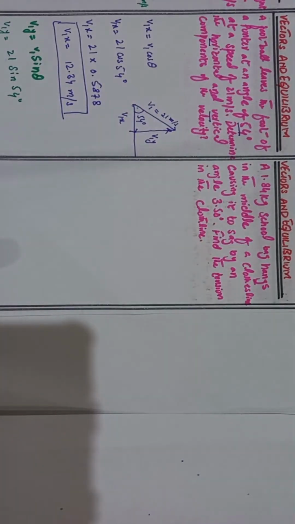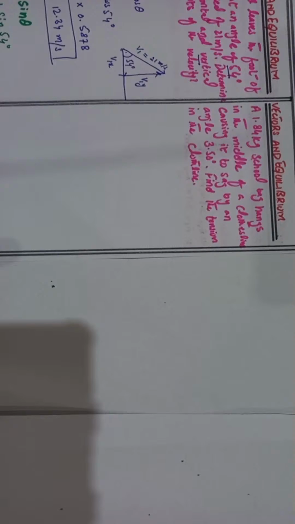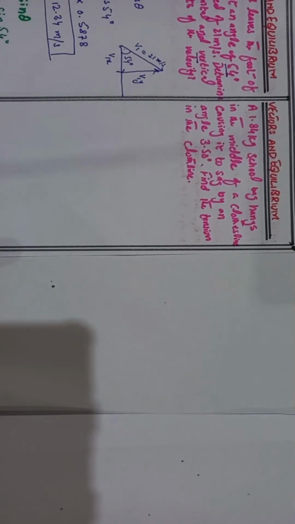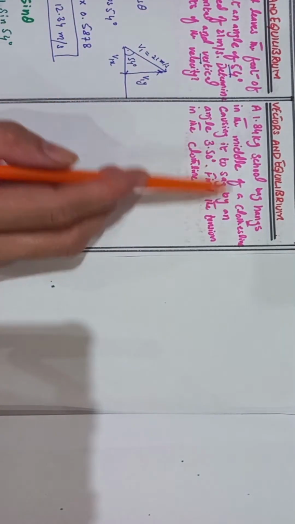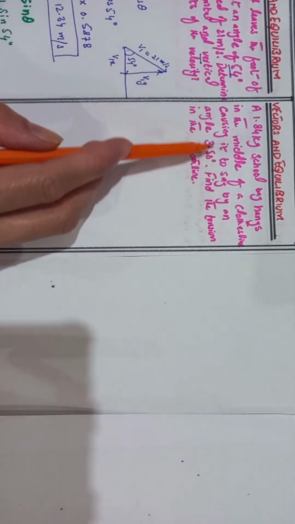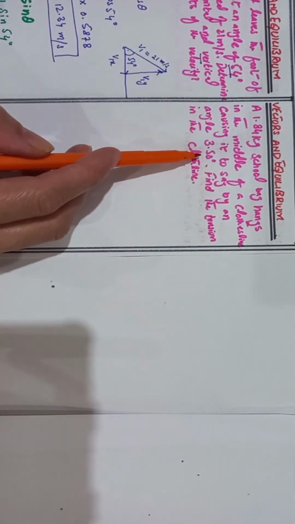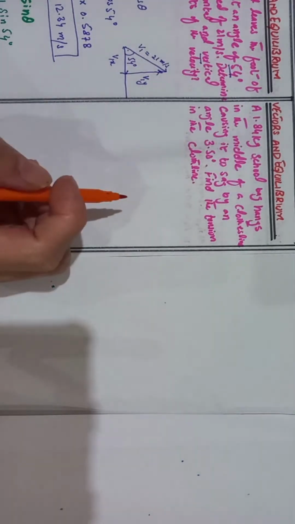Now we solve the third numerical. In the third numerical, they asked: a 1.48 kg school bag hangs in the middle of a cloth line, causing it to sag by an angle of 3.50 degrees.